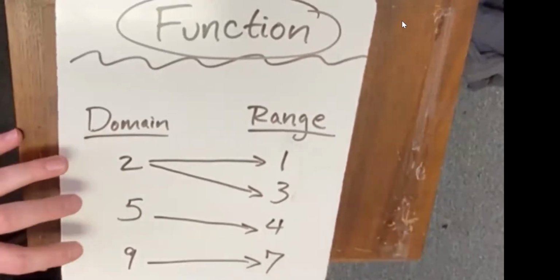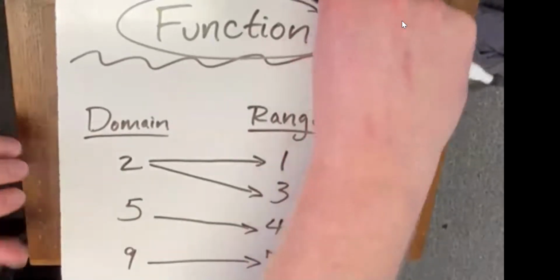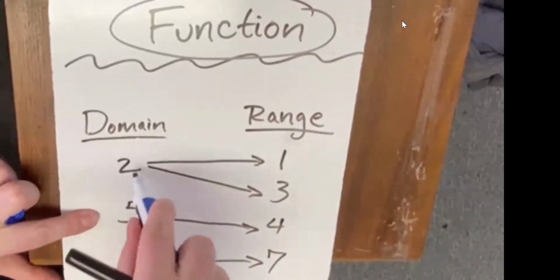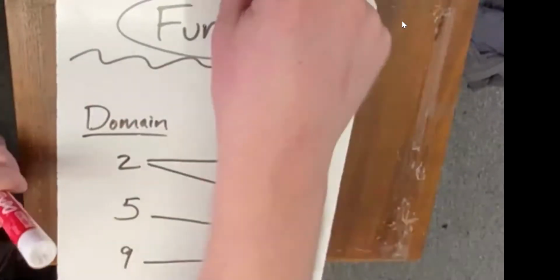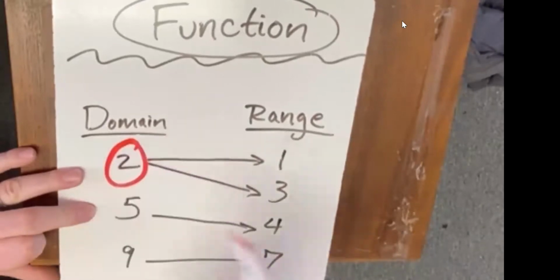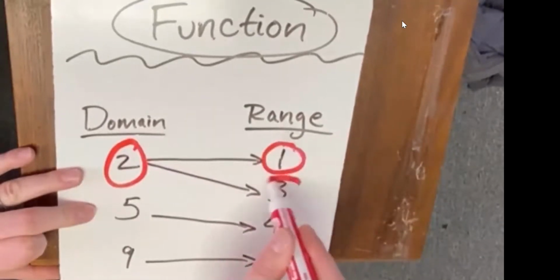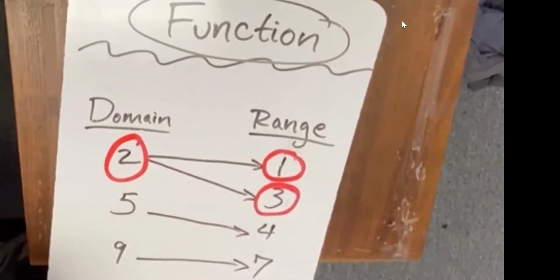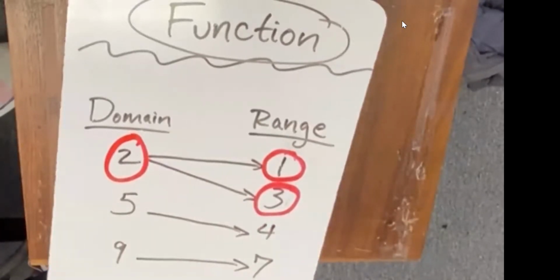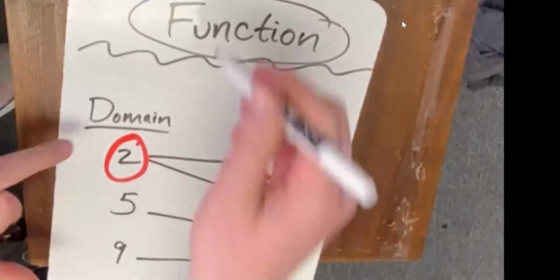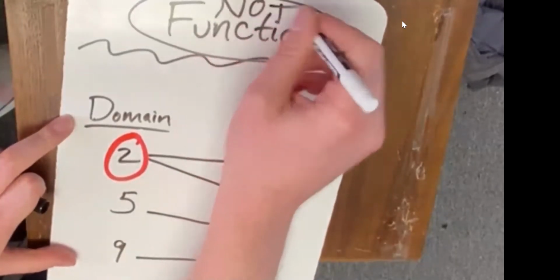The reason this is not a function is because the 2 here has 2 different ranges. It has a range of 1 and 3. So this would be considered not a function.